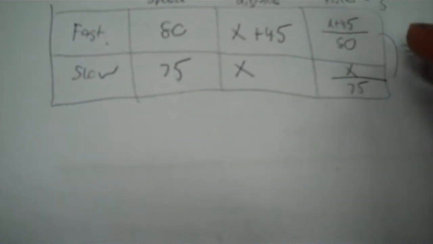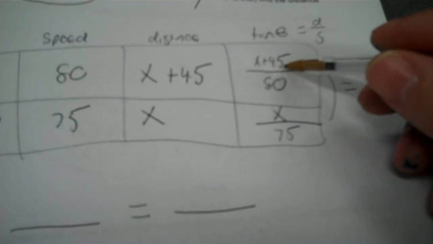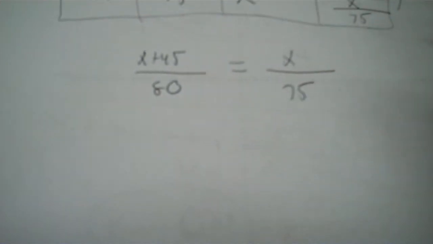So we make a proportion. I got x plus 45 over 80. And then we have x over 75. So am I in a position to just cross multiply and divide? No, you're not. There's 2 x's.